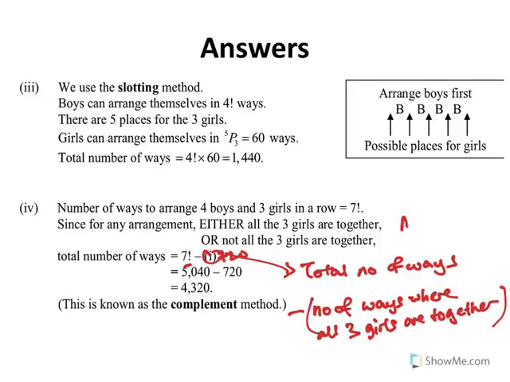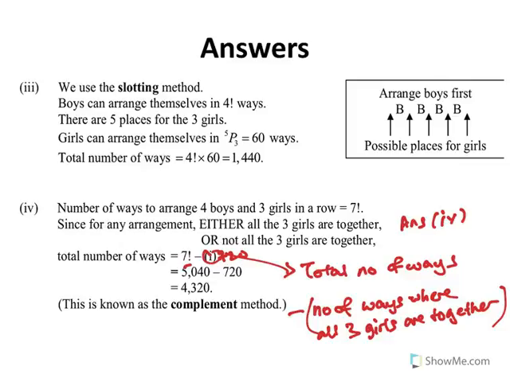This is the answer for part 4. If I don't want all the girls to be together at the same time, it's the same as taking the total number of ways minus the number of ways in which they are together.